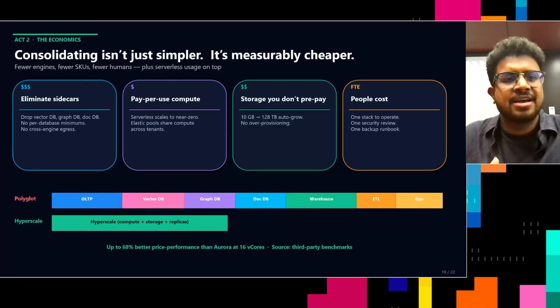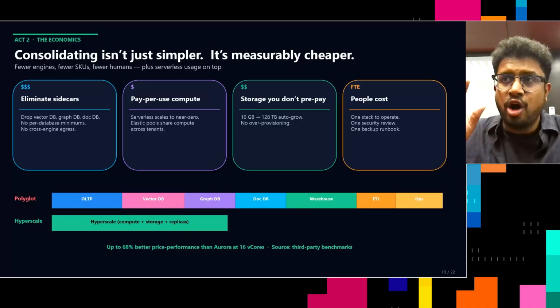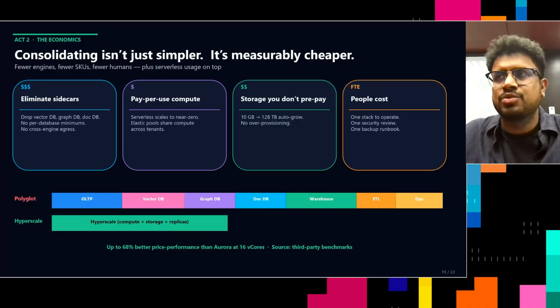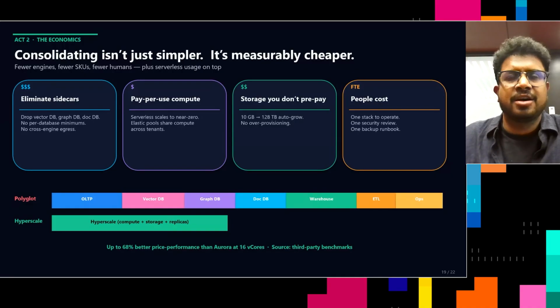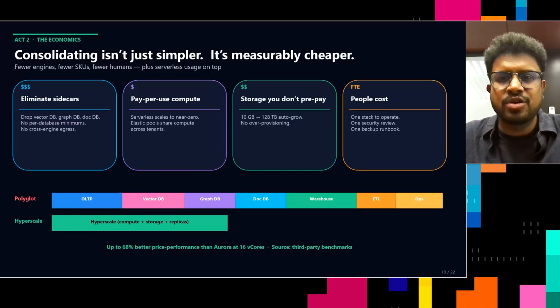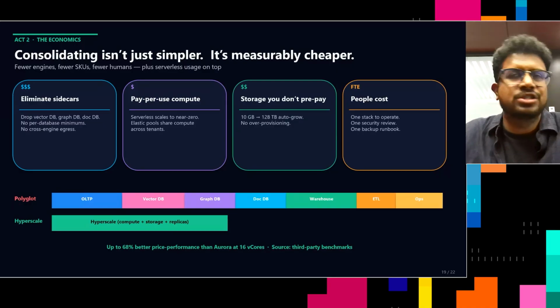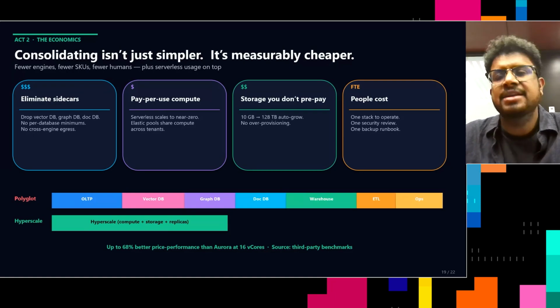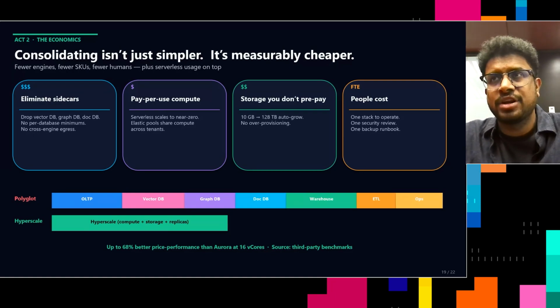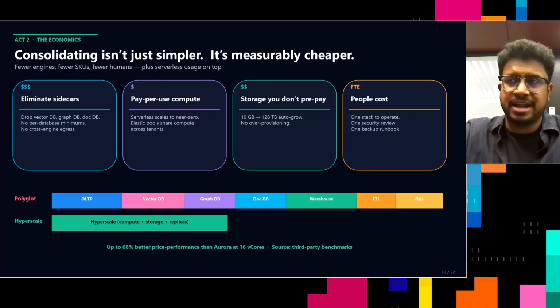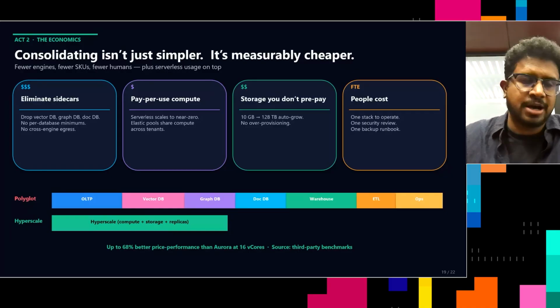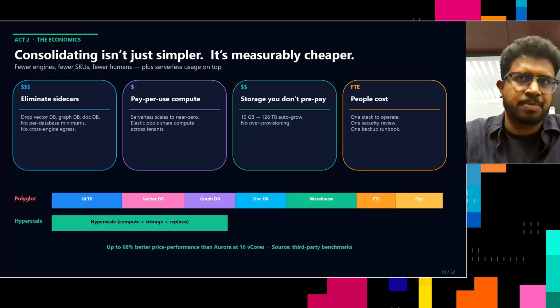You only pay for what you use with serverless, and it can go from 2 vCores to 80 vCores, but only when you need it. If not, you come back to 2 vCores and pay a lower bill. You pay only for storage from 10 GB to 128 TB. You need not over provision upfront.